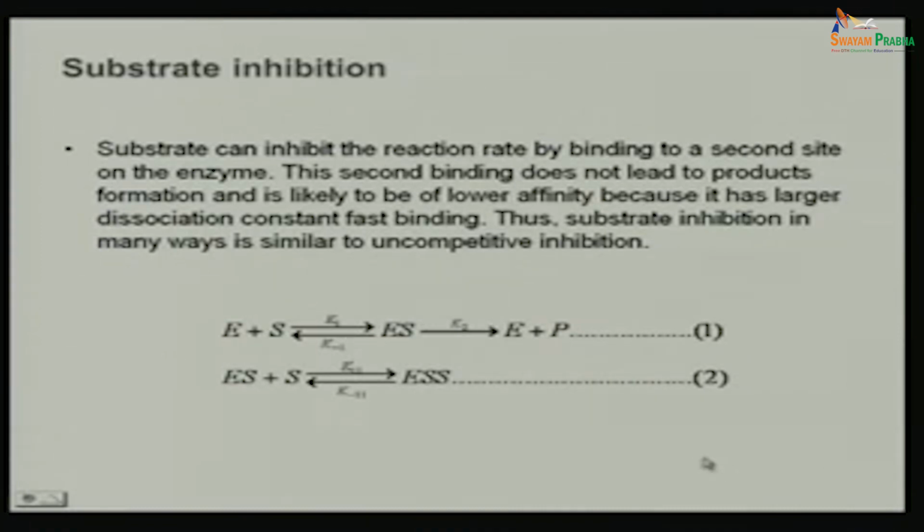The second point is it typically has much lower affinity and a much larger dissociation constant. That's obvious because once you have one substrate molecule binding to the enzyme, the second molecule will have a larger dissociation constant and lower affinity. So this is what happens.